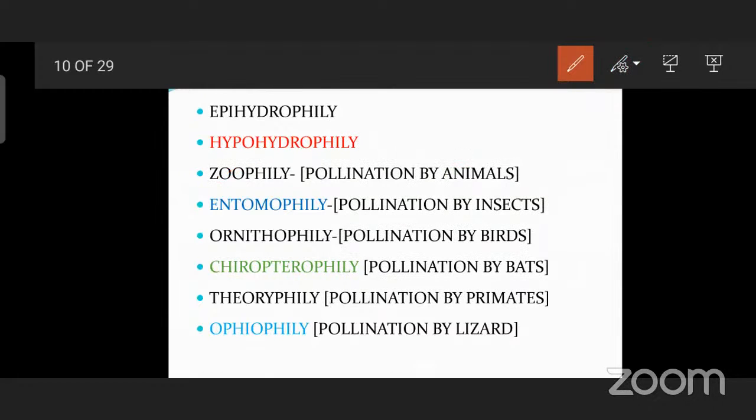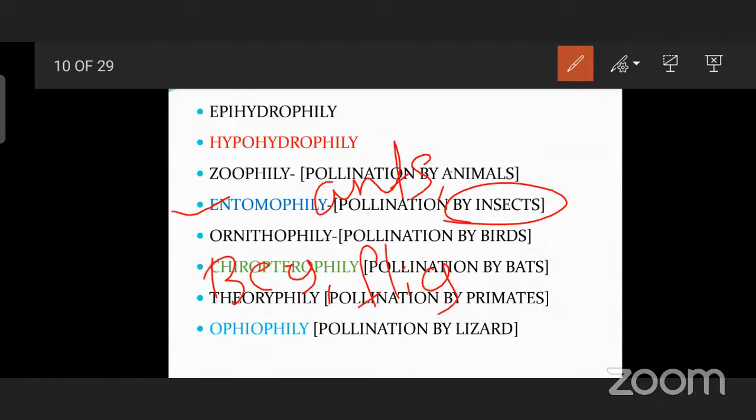And next, entomophily. Pollination occurs by insects, for example bees, butterflies, flies, beetles, wasps, ants, and moths.